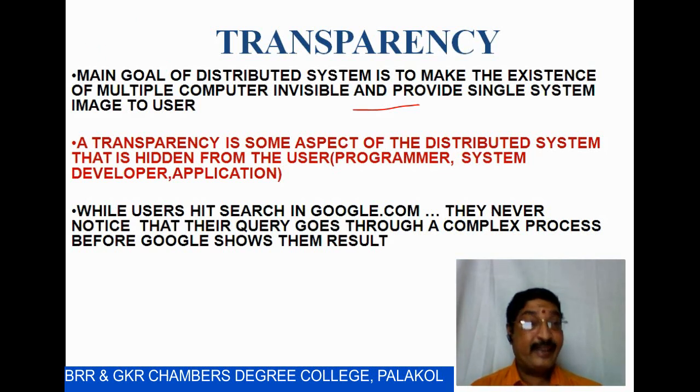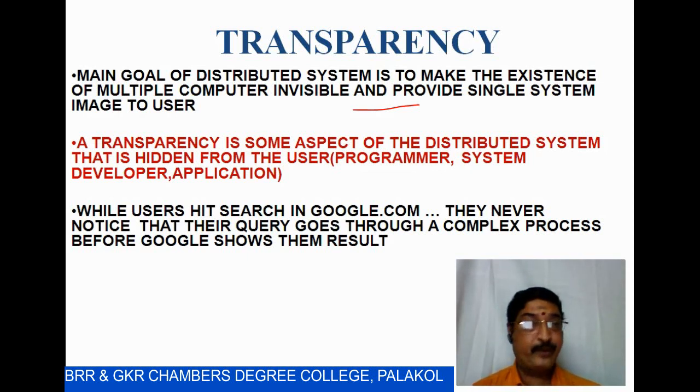And the next one is that transparency means some aspects of the distributed system are hidden from the user. So the details must be hidden from the user. Here user means the programmer or a system developer or application. This information must be hidden.